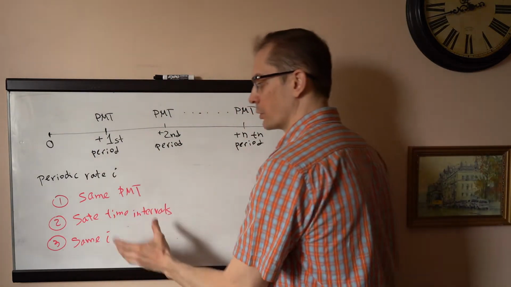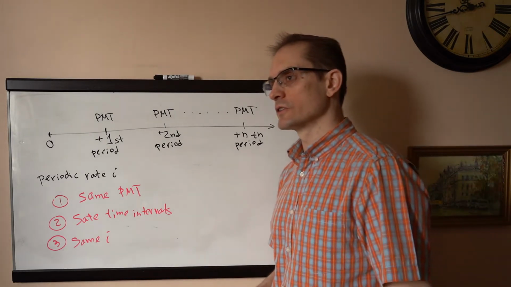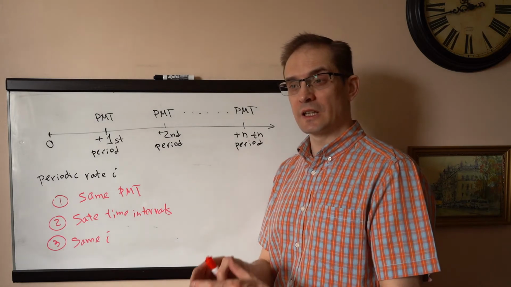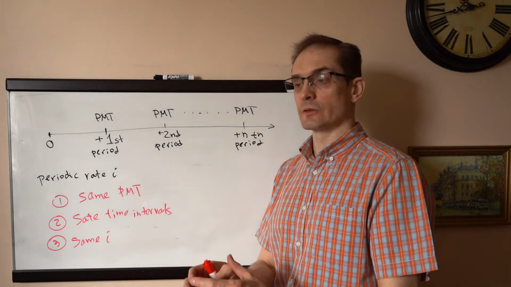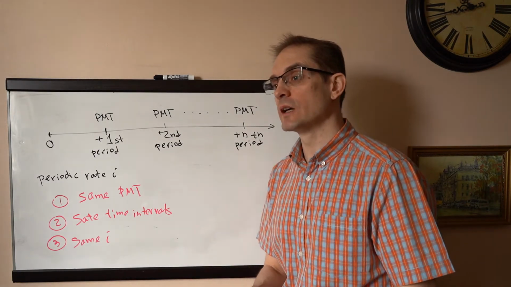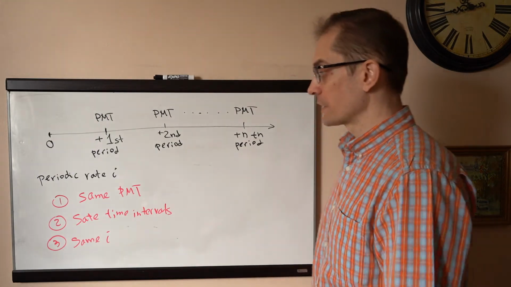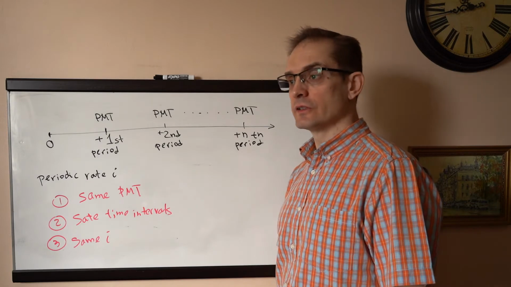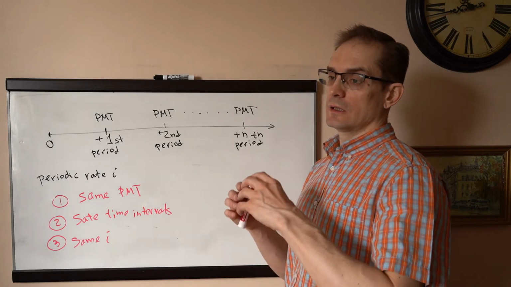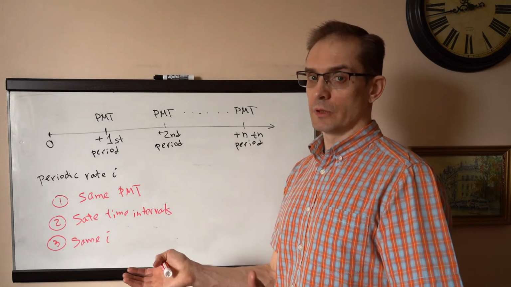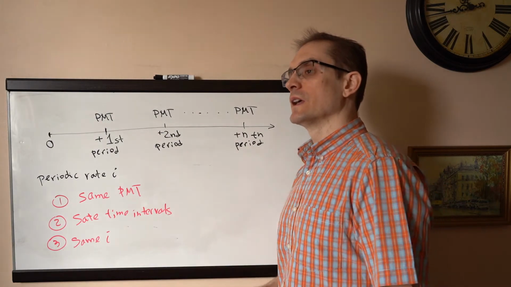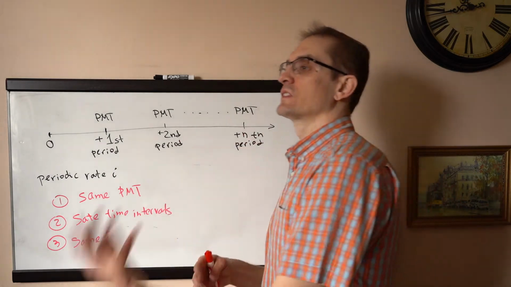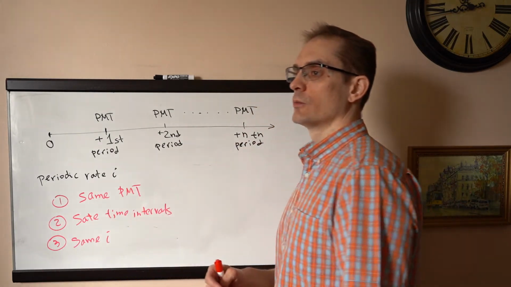Now, that's important because if one of those conditions is not satisfied, you cannot, strictly speaking, talk about one annuity at least. It could be that you will speak about several annuities. For example, for the first 5 years you had, let's say, 5% compounded monthly, and then for the other 5 years, it could be 6% compounded monthly.